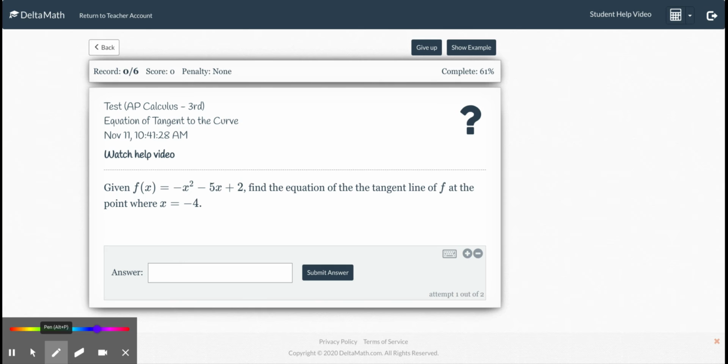And I'm just going to go ahead and graph this so you can see what's happening here. As we know, that's going to be a parabola, and will look like this.